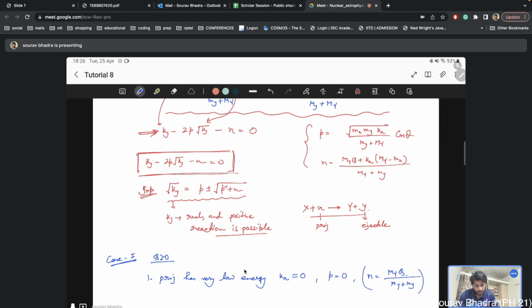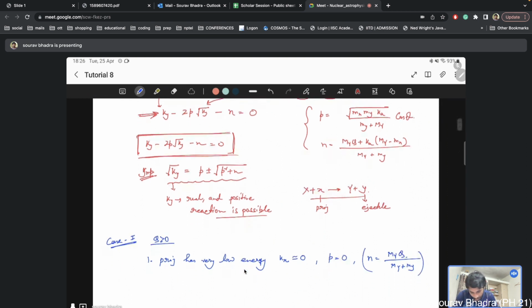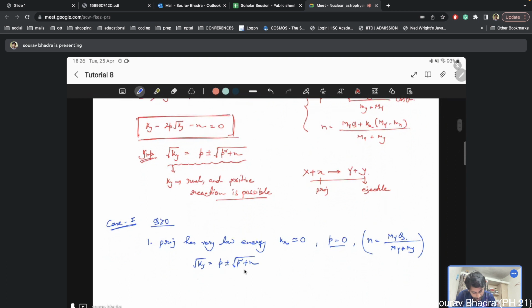Then your root ky, which was p plus minus square root of p square plus n, and for our case p equals 0 and we have only n, that means your ky equals n, which equals my q by my plus small my. So, this is the kinetic energy of the ejectile if the projectile energy is very low and q value is greater than 0.